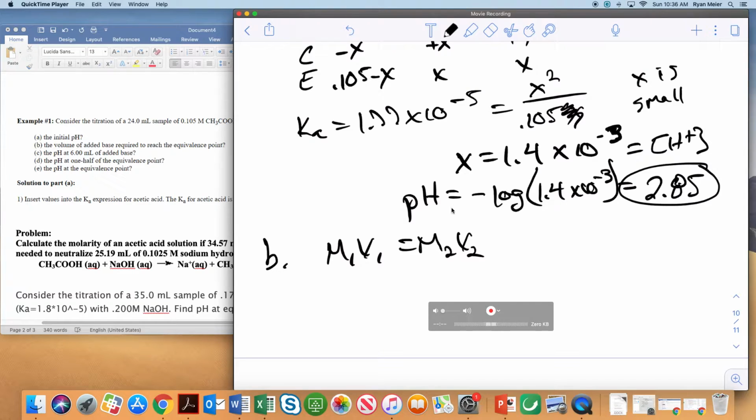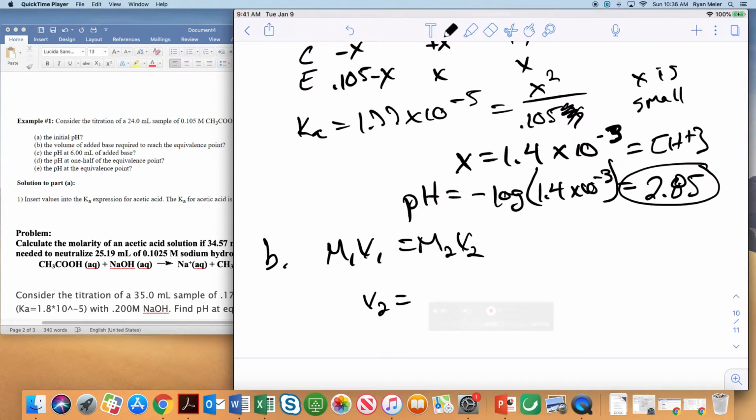So I can find the volume, V2, for the sodium hydroxide, which should equal M1, the concentration of my acid, 0.105 molar, times its volume, which was 24.0 milliliters. I can actually get away with leaving this in milliliters if I use this equation, because it just means the final answer will have units of milliliters.